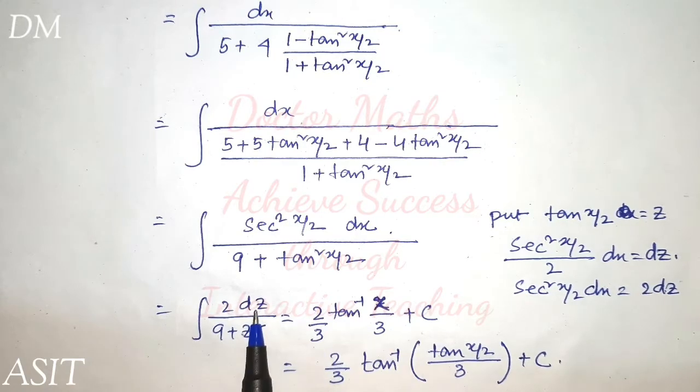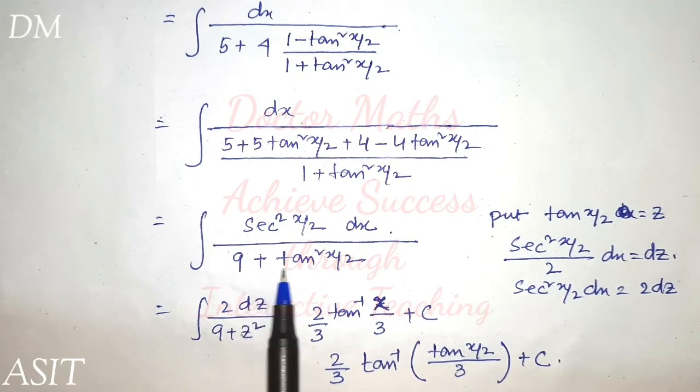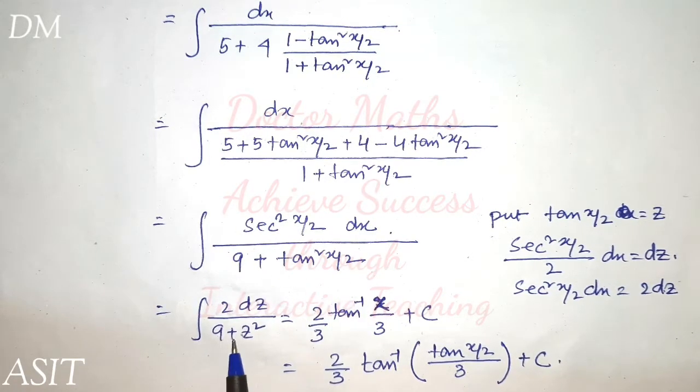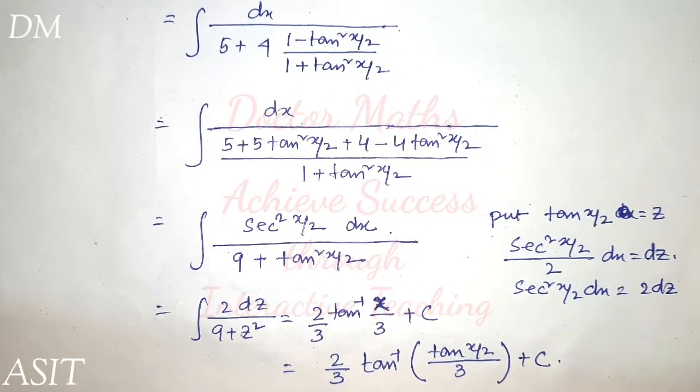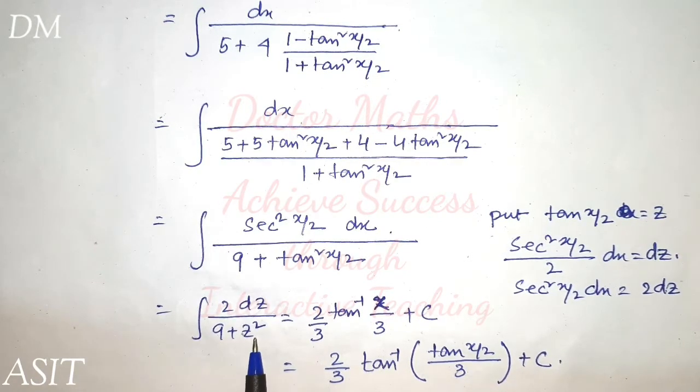So it will be 2 dz by 9 plus z square, as 9 plus tan square(x/2) is replaced by 9 plus z square, since we considered tan(x/2) as z. So we have a formula. This 2 we can put outside. Now this is in the formula dz by (a square plus z square).